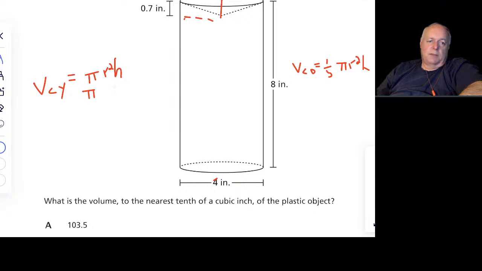It's not drawing it for me. Well, 2 squared is 4, so let me just do that, times 8. So this will be 32 pi.